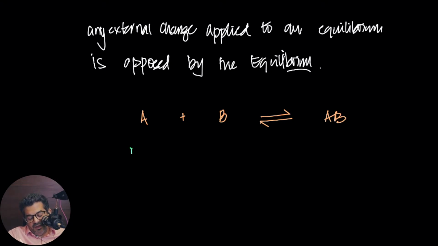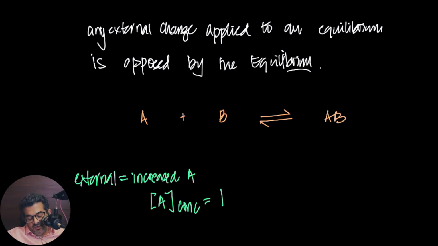I increase A. So externally, I increased A by increasing its concentration. Square brackets mean concentration. So the concentration of A I increased by adding more A myself, by literally adding more molecules of A.